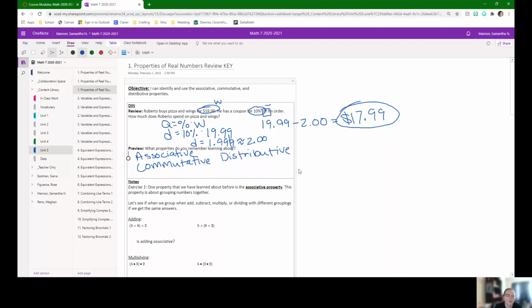But we've also done other ones that we're not talking about today. We've done like additive inverse and additive identity and multiplicative inverse and multiplicative identity. Those are all math properties. So if you remember just the names, it's okay. We're going to review just the first 3: associative, commutative, and distributive.